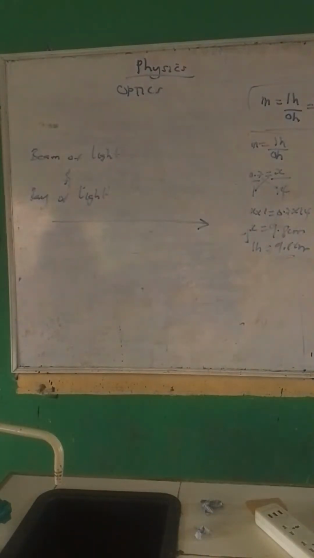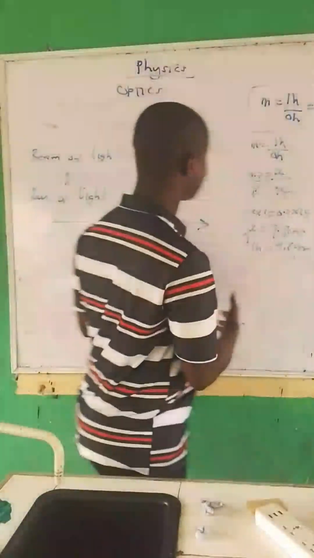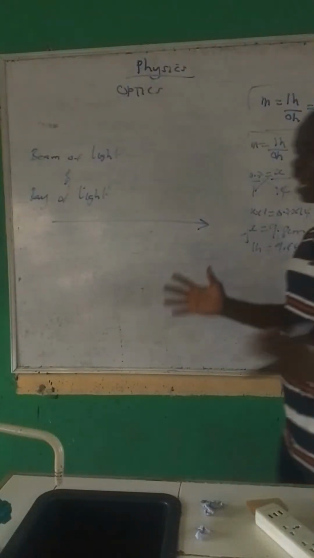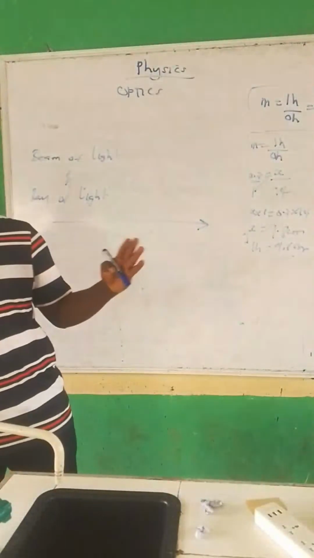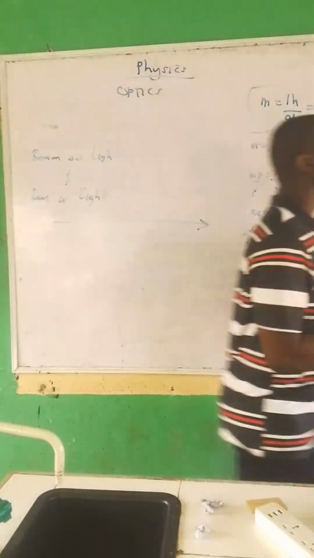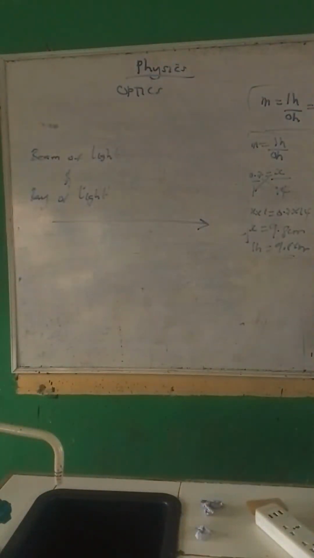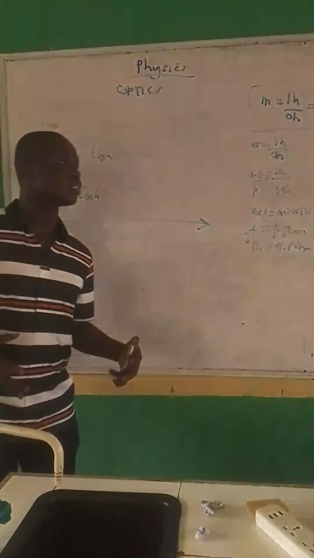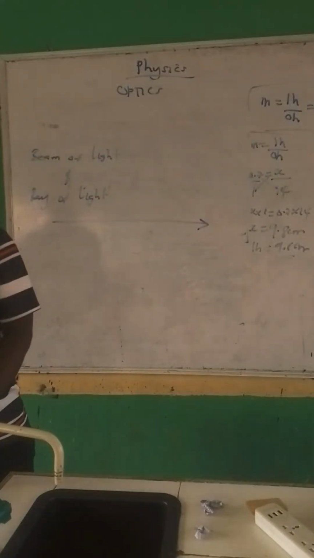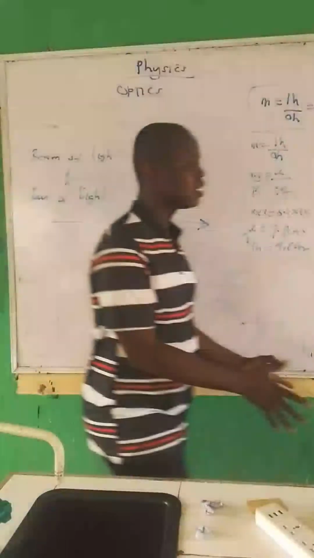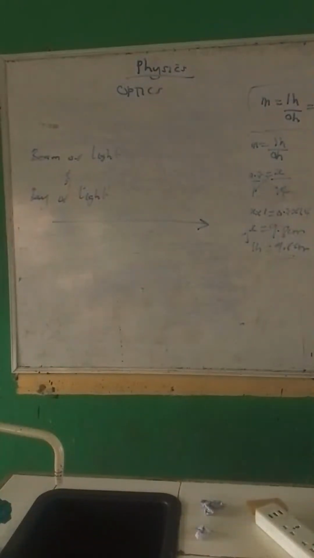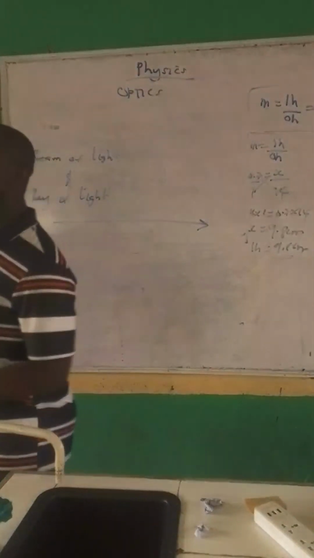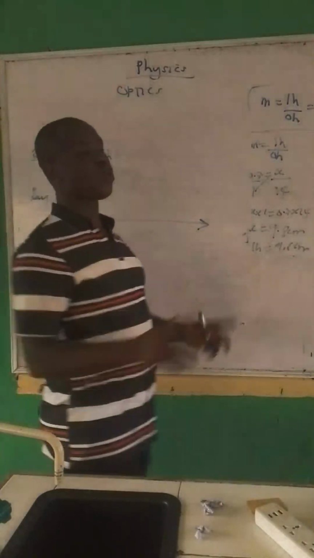Now, a collection of rays of light is what we call a beam of light. The rays are the path where the light passes through. When we have more than one ray, we have a beam.